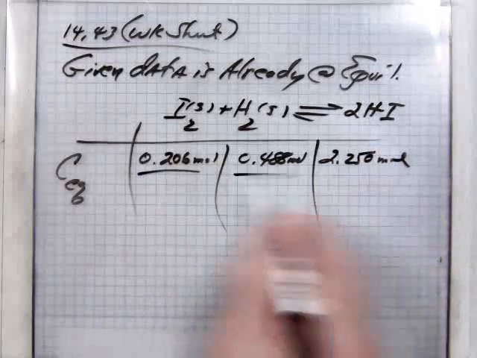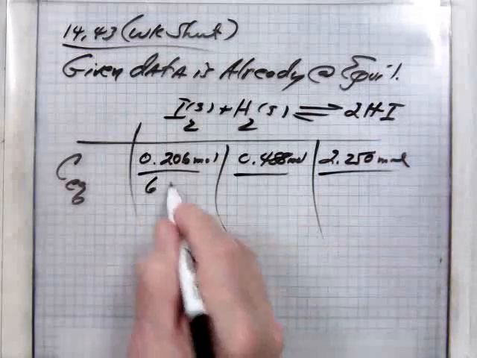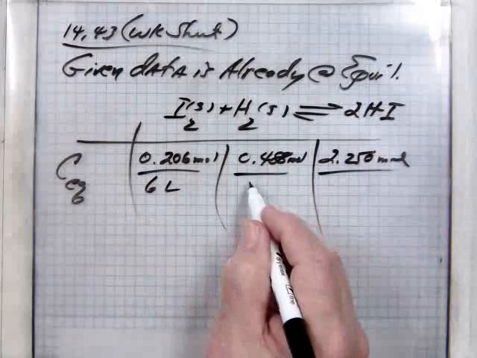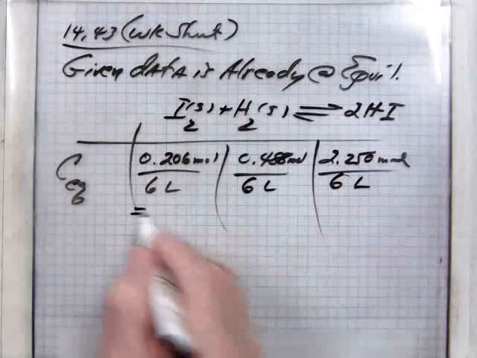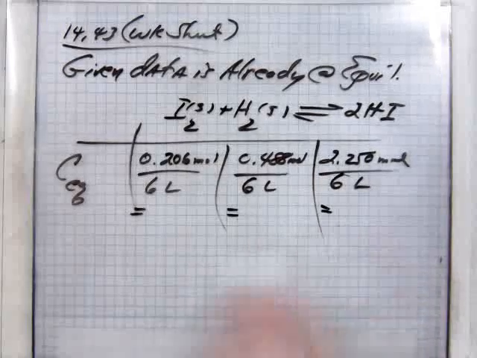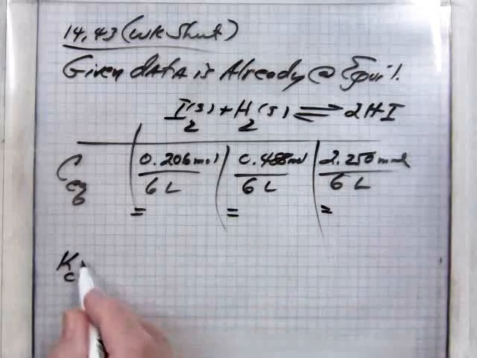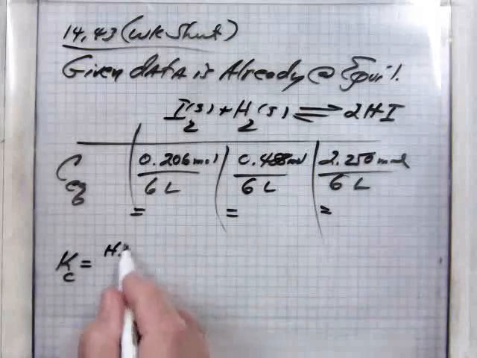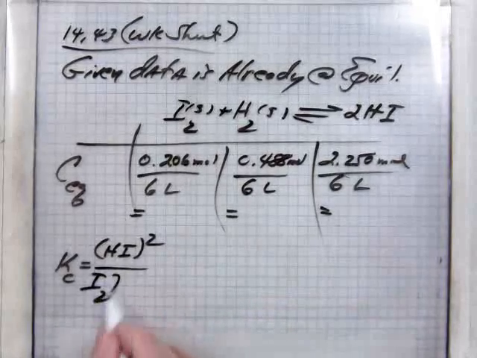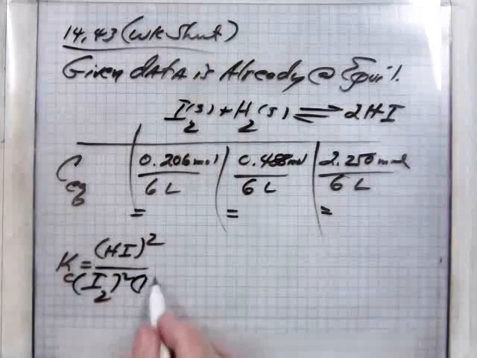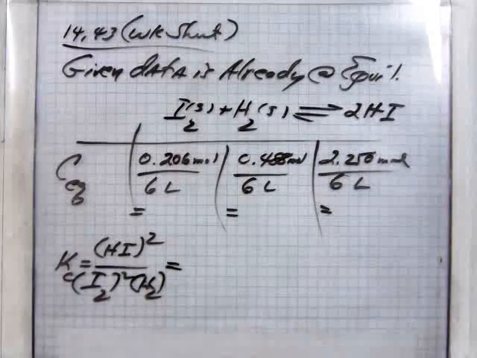Now, to solve this problem, we have to divide by 6 liters. And then substitute it into the Kc expression, which is HI squared over I2 and H2 to the first power, like that.